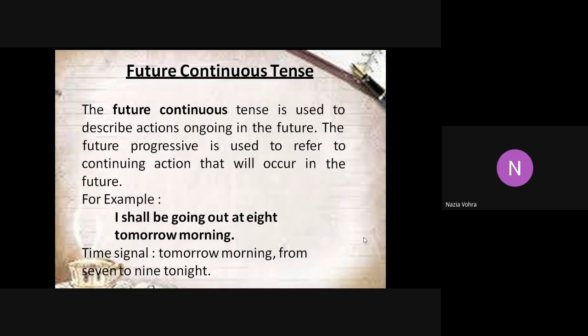So again, I will use tomorrow or maybe day after tomorrow, next month, next week, next year. So these are all signs of your future continuous tense if you are going to do some action. Clear?